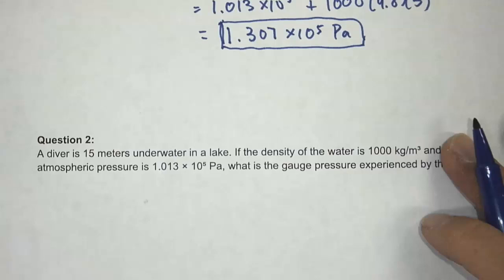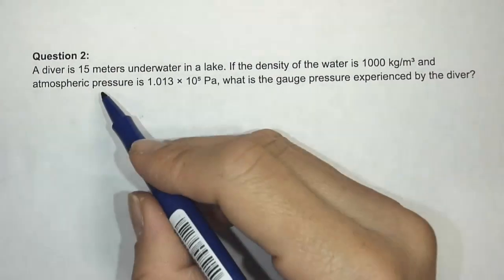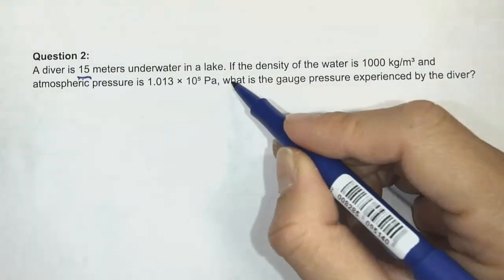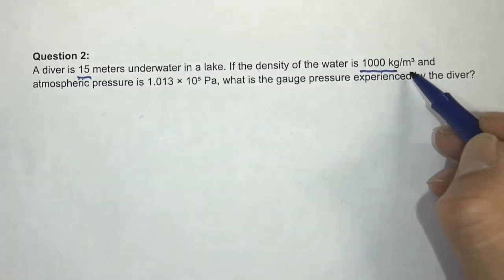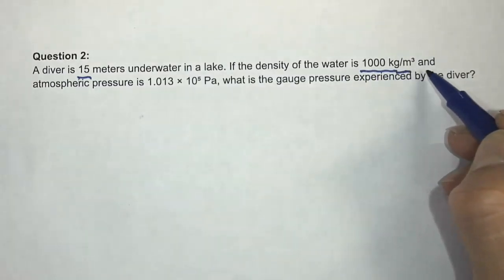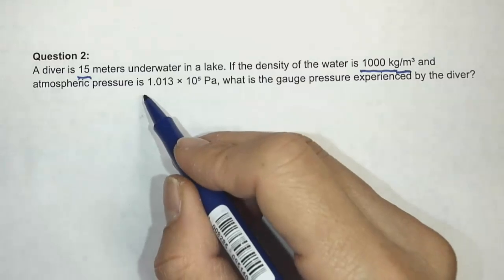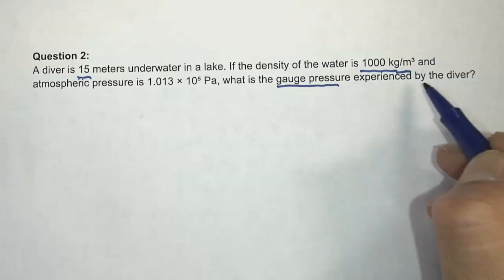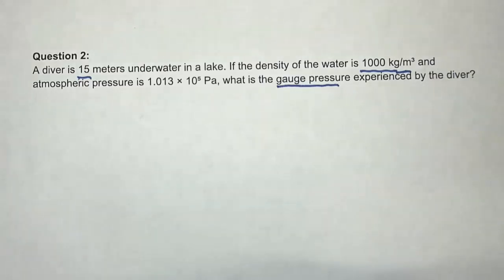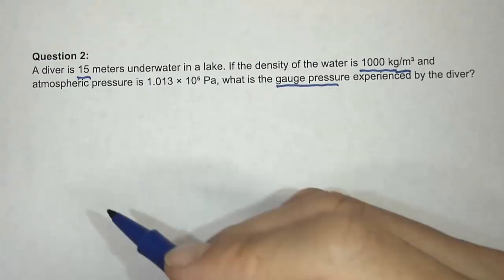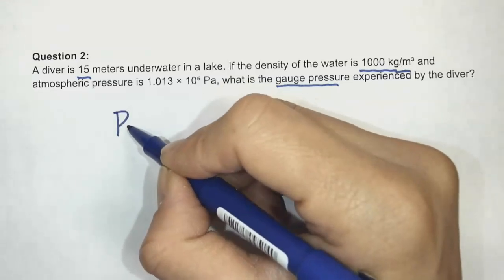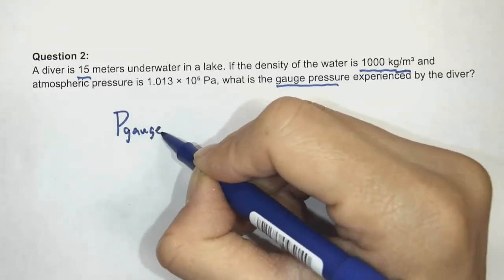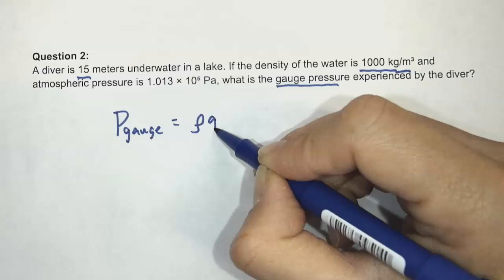All right, question 2. A diver is 15 meters underwater in a lake. If the density of the water is 1,000 kilograms per cubic meter and atmospheric pressure is 1.013 times 10 to the 5th pascals, what is the gauge pressure experienced by the diver? So now we're only looking at the pressure due to the weight of the water above. And so we're just going to use rho GH.